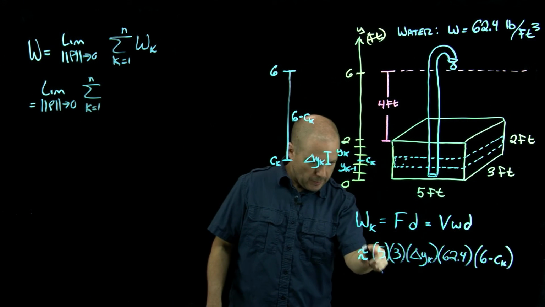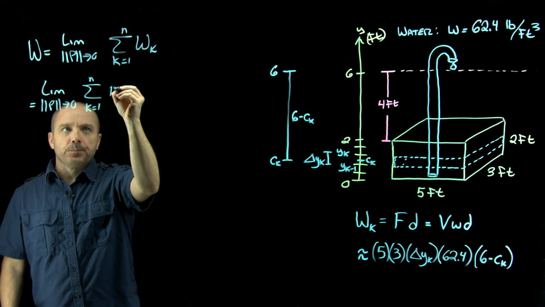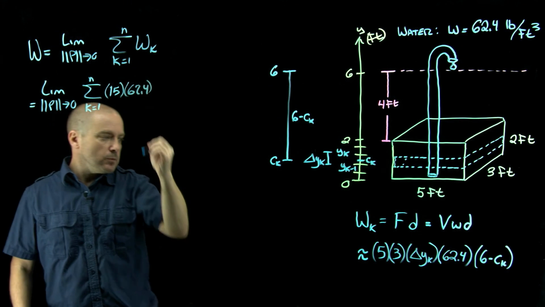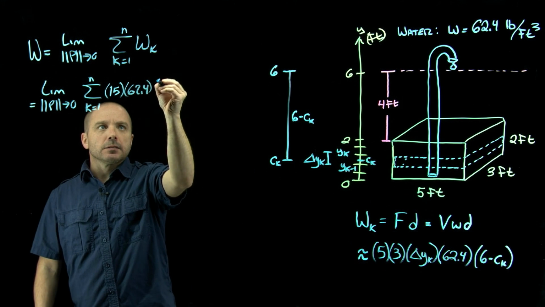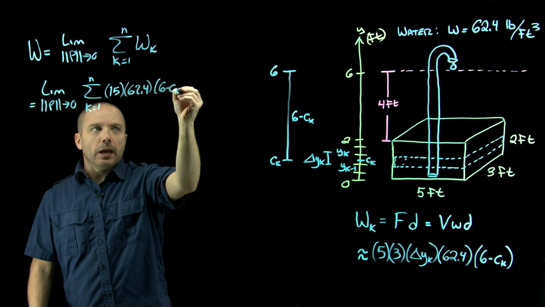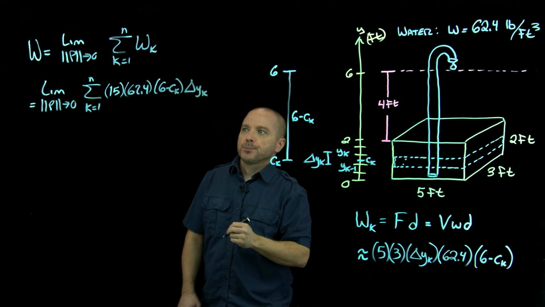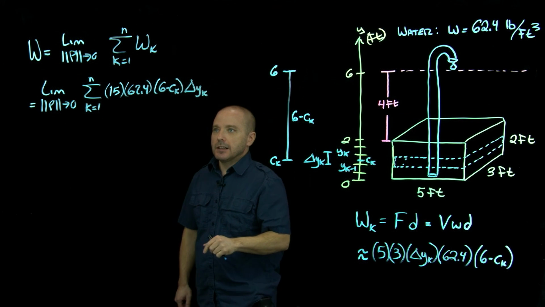I'll neaten this up a little bit, at least multiply the 5 and the 3. So I've got 15 times 62.4, just gathering up the constants, the 6 minus C sub k and the delta y sub k. And that, by definition, is the definite integral.